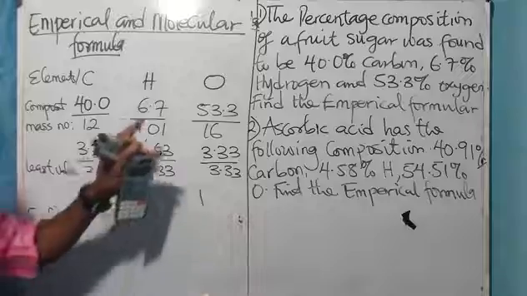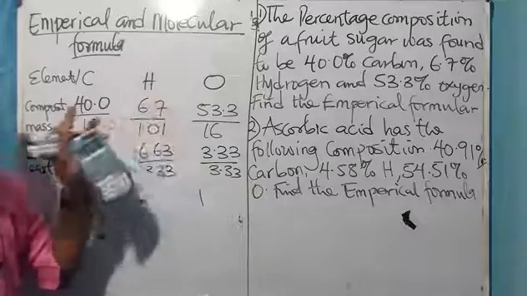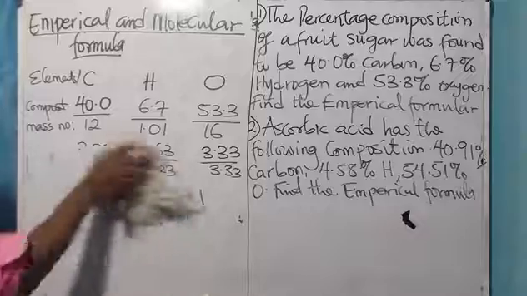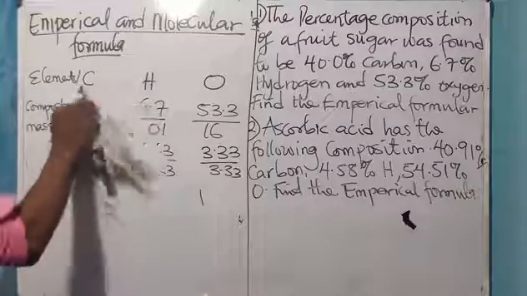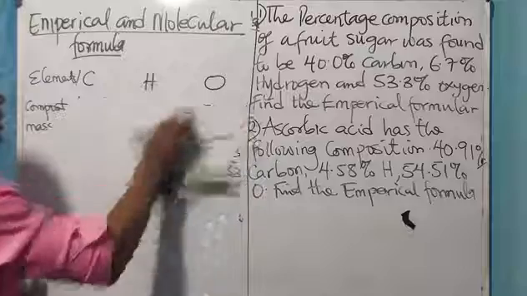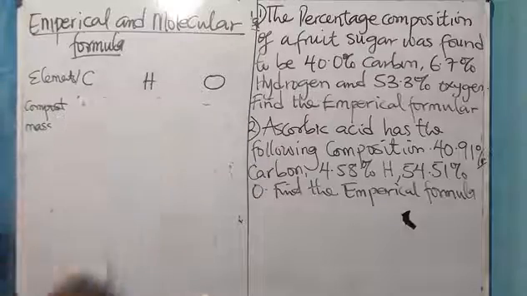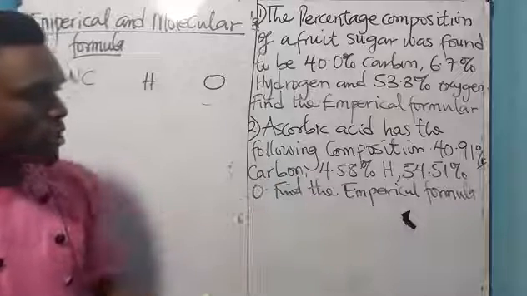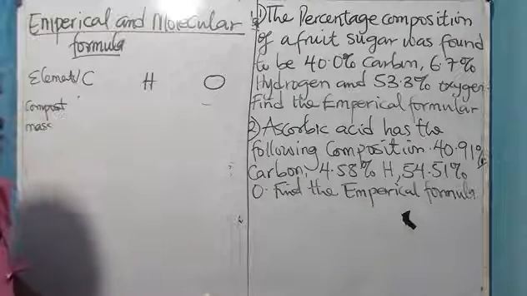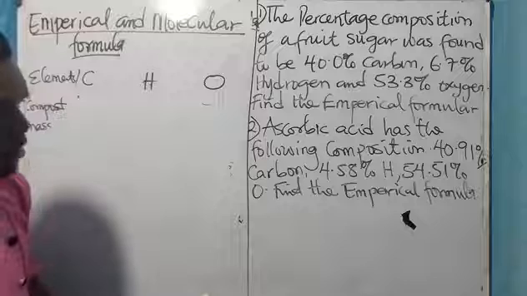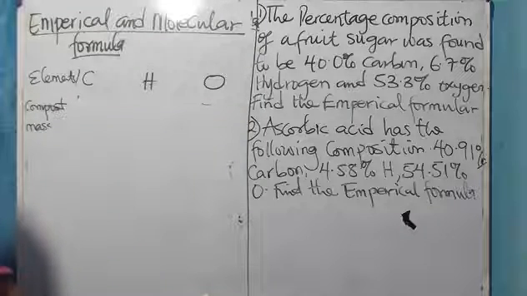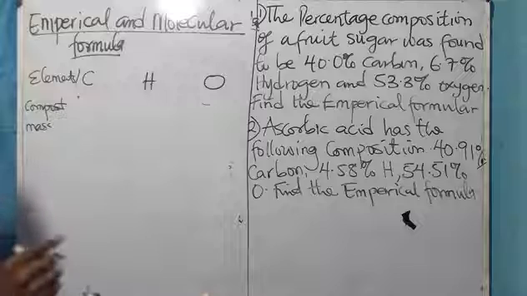I believe what we just did was understood, alright? Let's take number 2, which involves ascorbic acid. So I'll leave the elements. Ascorbic acid has the following composition: 40.91% carbon, 4.58% hydrogen, 54.51% oxygen.